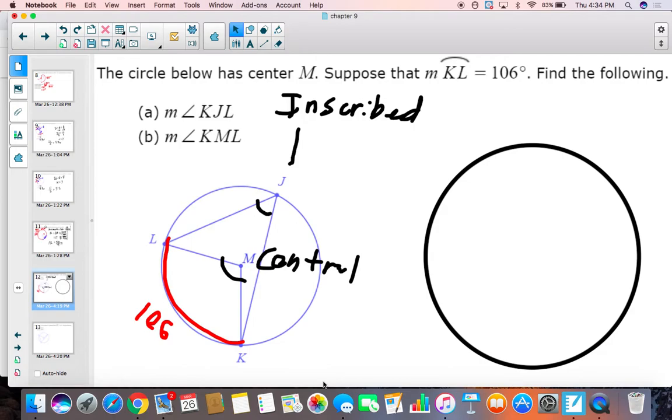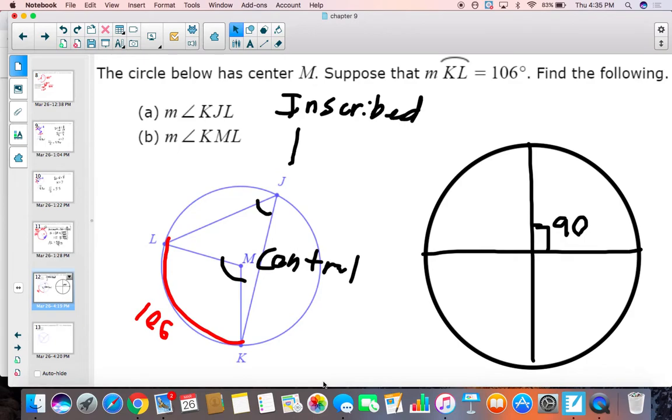Okay? But we don't know the central or the inscribed angle, and we got to figure that out. Well, to figure that out, here's what I'm going to do. I'm going to take this circle that I drew over here, and I'm going to split that up into 4 equal sections. I'm going to make some perpendicular lines in there. And when I make those lines, since I split them up into equal sections, we know that these have to be right angles. So we know that this central angle right here is going to be 90 degrees.